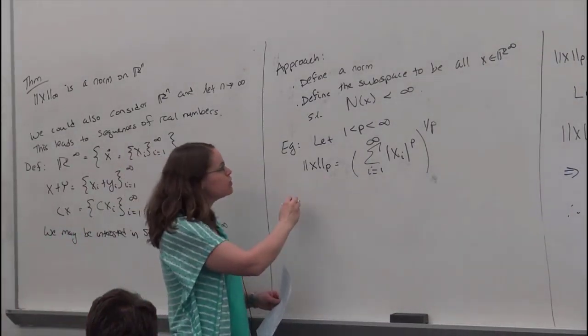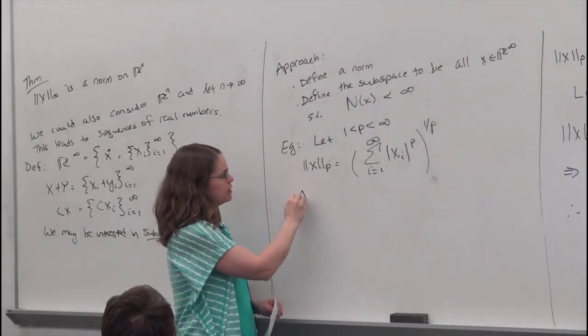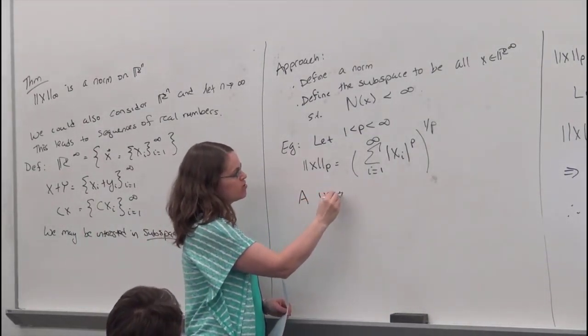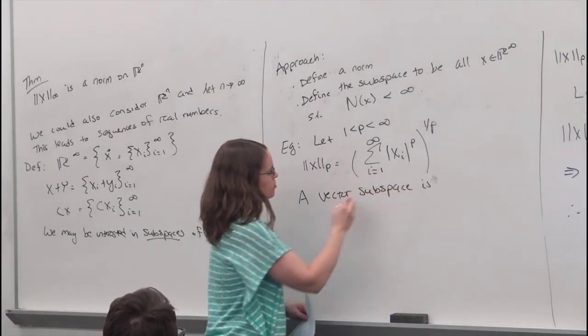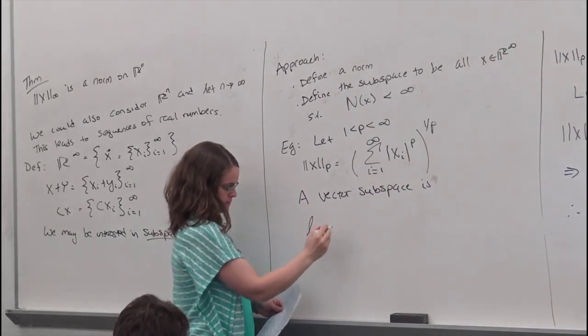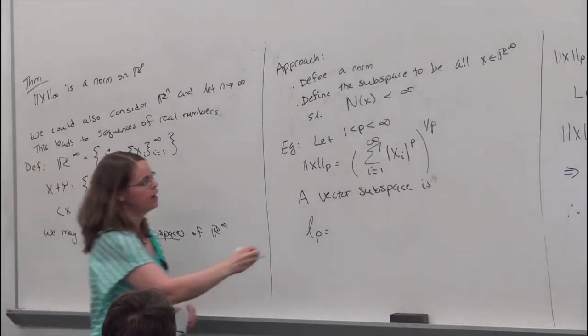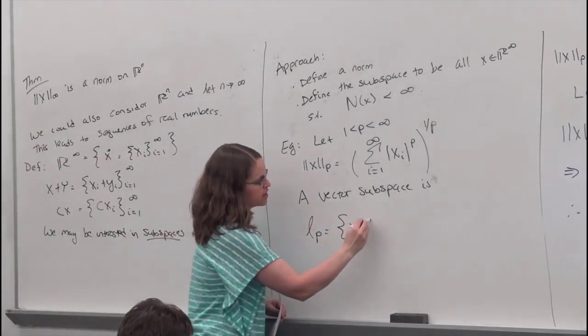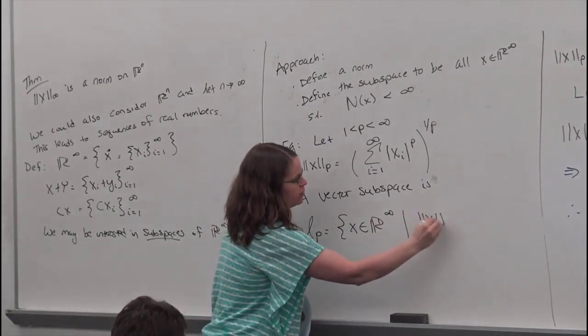Okay, and then we say, well, let's use this to create a vector subspace. So a vector subspace is, for example, we might call this little LP. And now this would just be the collection of objects with finite norm.